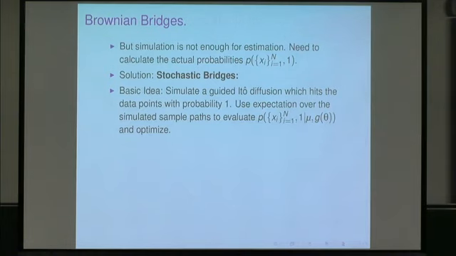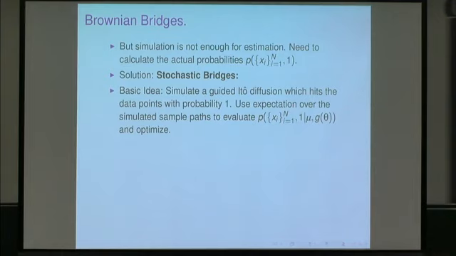Okay, so that was the first part. I kind of talked about stochastic processes. Now, where do bridges come in? You saw simulation was really easy to do, but simulation is not enough. We want to actually evaluate the probabilities of some data points given at time point 1 of the transition probability. So the basic idea is to do a guided diffusion.